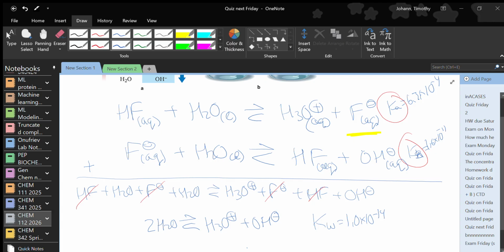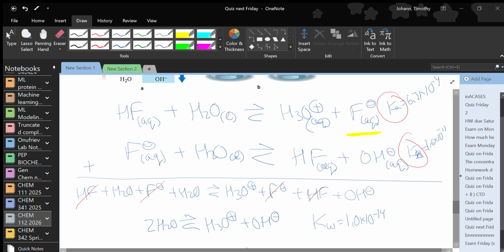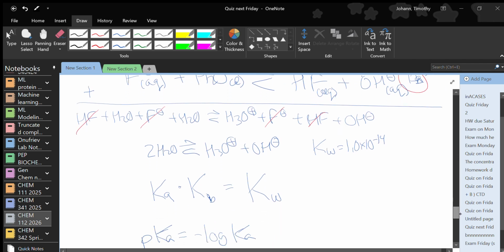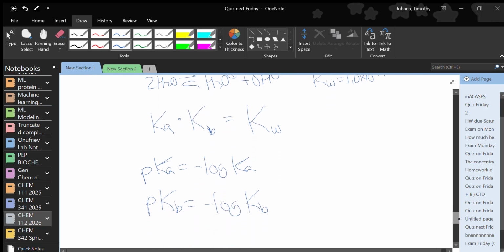Let's go ahead and take that. What's the negative log of 6.3 times 10 to the negative 4? I take the negative log of that, and I get the pKa is 3.2, or 3.20, if I wanted to give correct significant figures there. Does that make sense? Why we would do that?